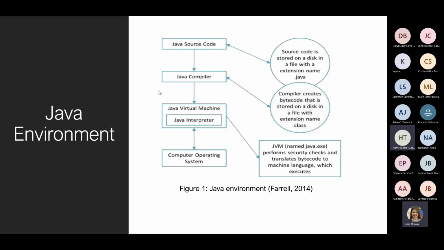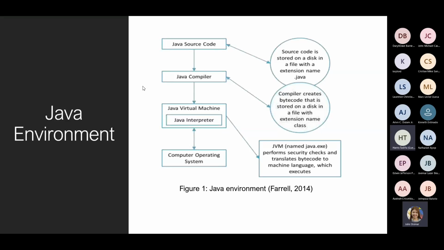Pag compile mo, pag wala ng error doon, gagawa siya ng another file na, like for example, guessing game.java yung sayo. Pero during compilation, meron siyang gagawin pang isang file na ang pangalan is still guessing game, pero meron siyang .class, hindi siya .java. And that will be created if yung iyong Java code or yung source code mo is syntax free.